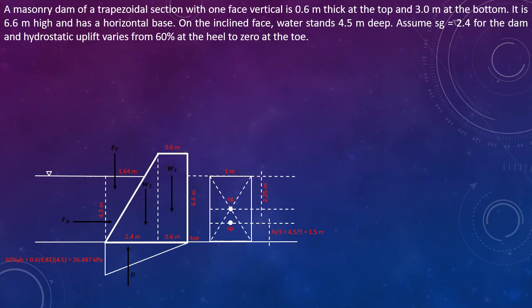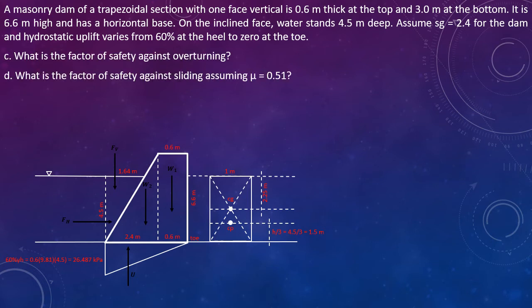For letter C and letter D, we need to find the factor of safety against overturning and against sliding, with mu s equal to 0.51 respectively. FO, or factor of safety against overturning, is equal to righting moment over overturning moment.